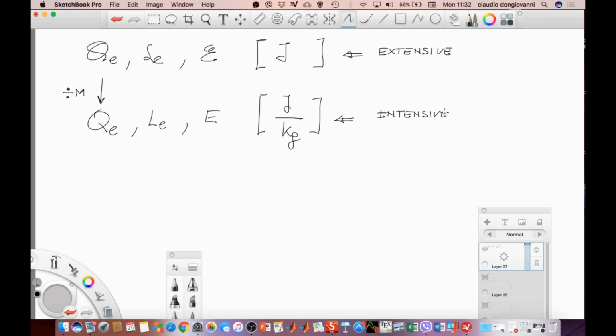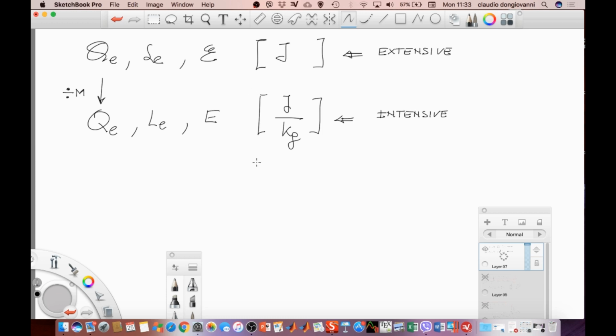So the amount of our property or quantity refers to the whole system, in this case Joule, or to a particular portion, a unit of mass of your system, intensive, Joule per kilogram.